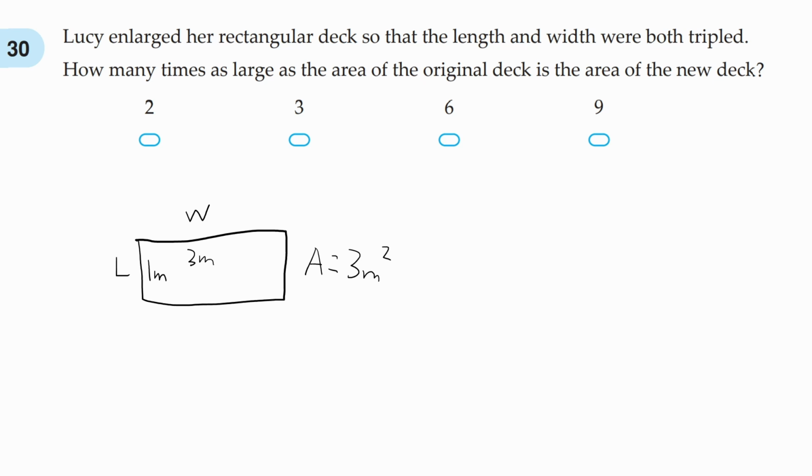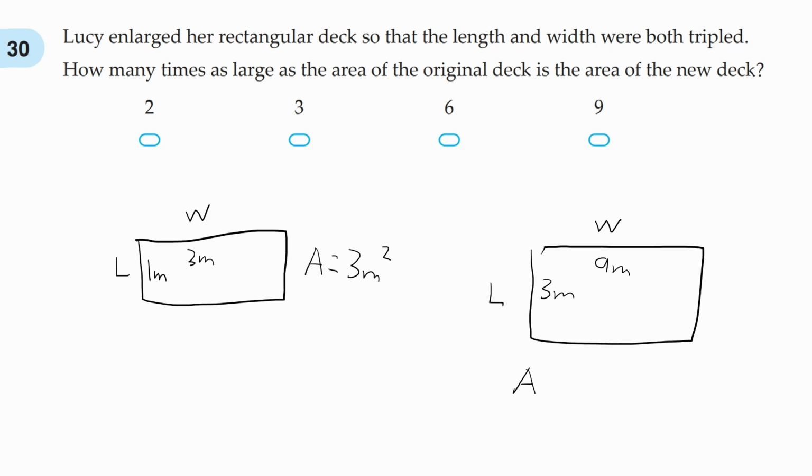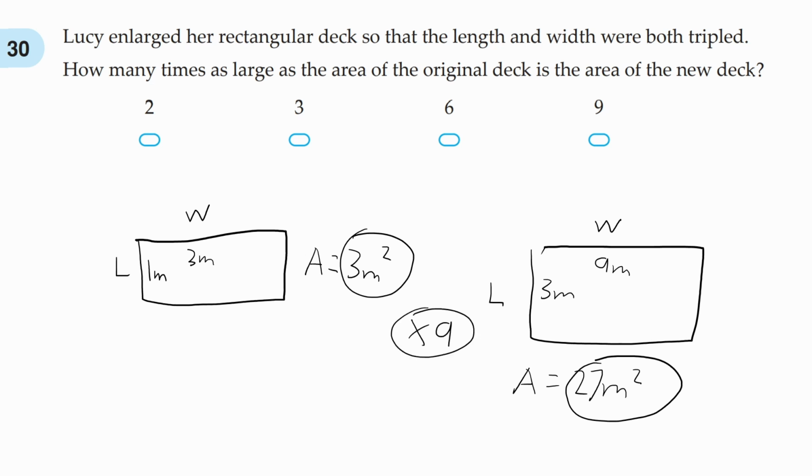And if we triple both sides, 1 times 3 is 3 meters, and 3 times 3 is 9 meters. And the area of this would be 3 times 9, which is 27 meters squared. So we can see that we've gone from 3 meters squared to 27 meters squared. And 3 times 9 equals 27, so it's times by 9.